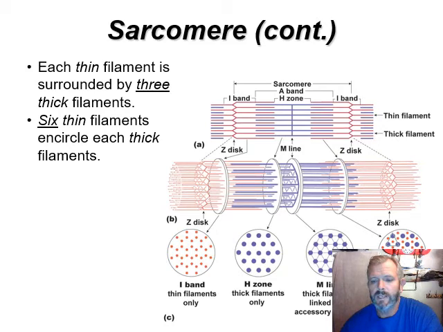And so we've been looking at this sarcomere in a two-dimensional type structure, but remember, it is actually in this rod-like structure. And that rod-like structure has multiple thick filaments and thin filaments, and you can see there are roughly 3 thick around each thin, and there's 6 thin filaments that encircle thick.